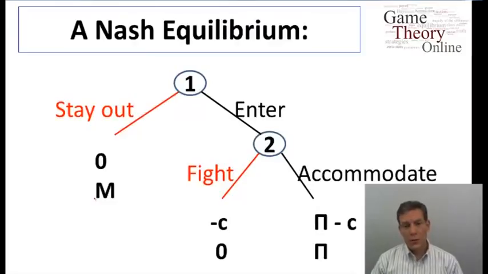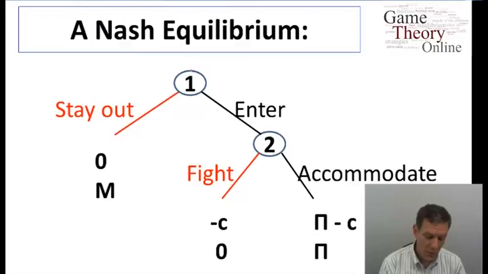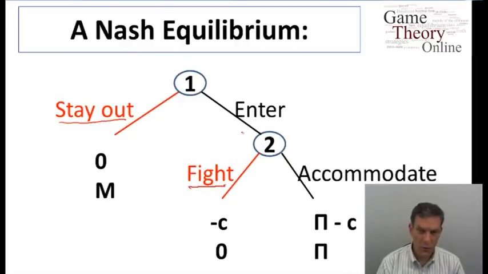Here's one Nash equilibrium. The first firm, the new firm, decides to stay out. The second firm would fight if the first firm entered, so they choose strategies of first firm stays out, second firm fights if the first firm enters, and then what do we end up with?